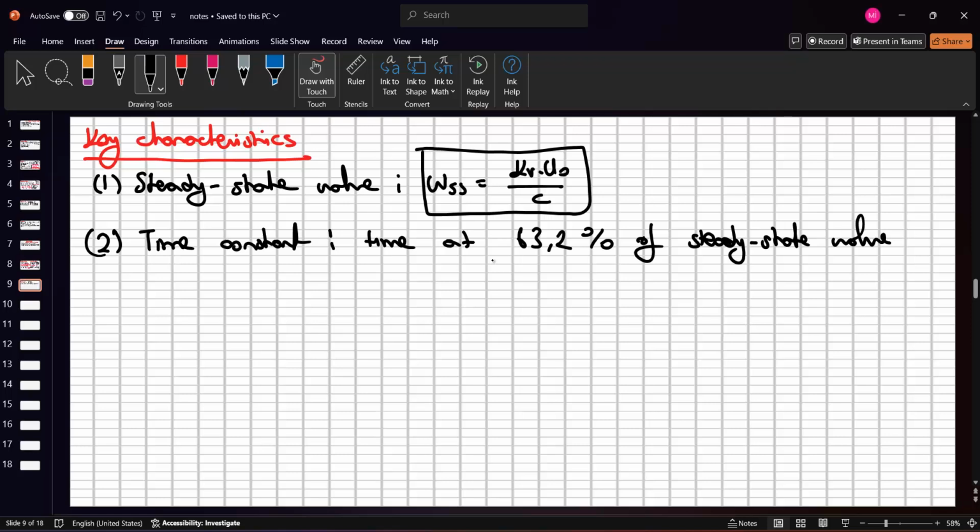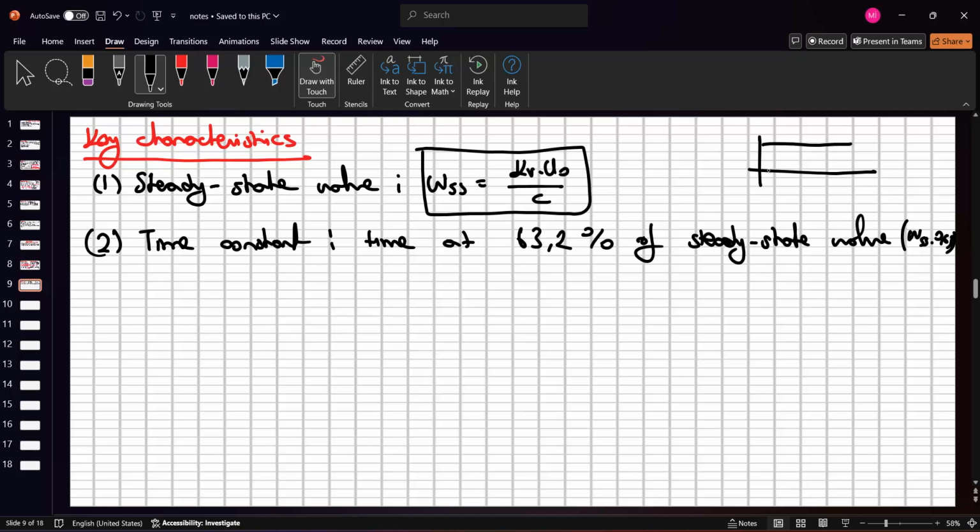Which means that if we analyze the WSS as t goes to infinity, this value is multiplied by 0.63, and so this value is, for example, WSS times 0.63. Okay?